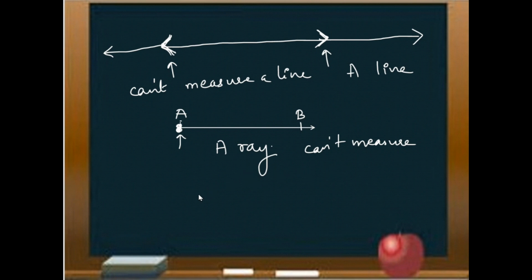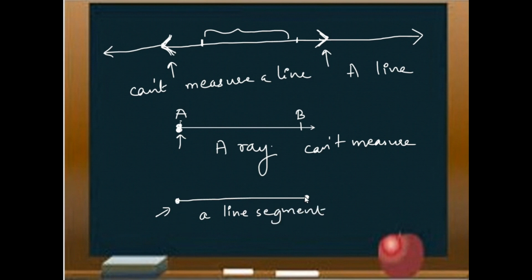Okay. Now let's see the third part. In the third part, you have an ending point on both the sides. If you cut this line like this, and take this part outside, you will have something like this. So that's why it is called a segment or a line segment.